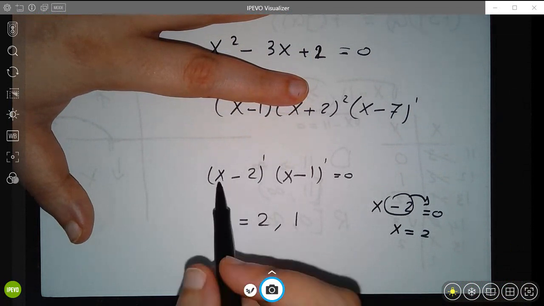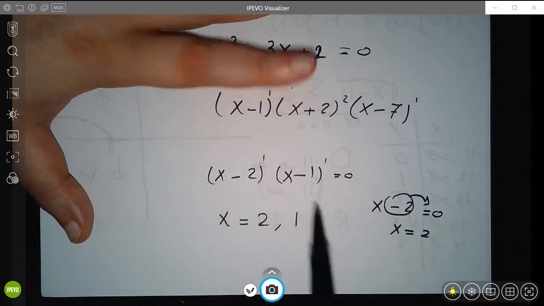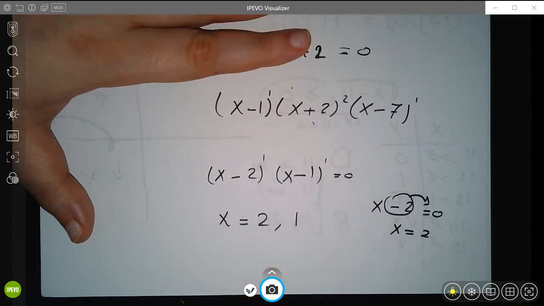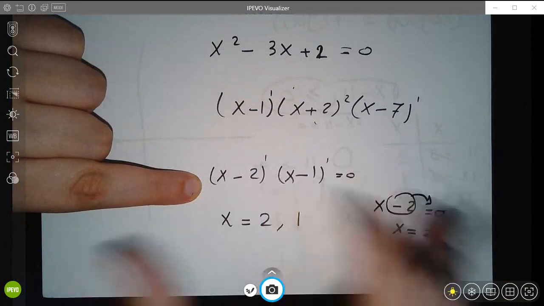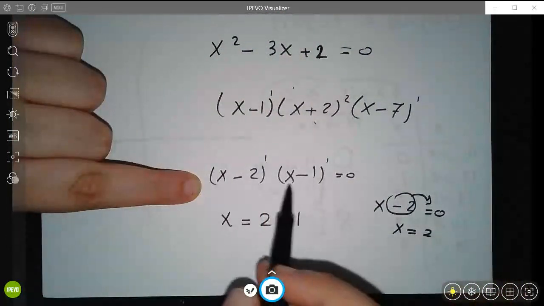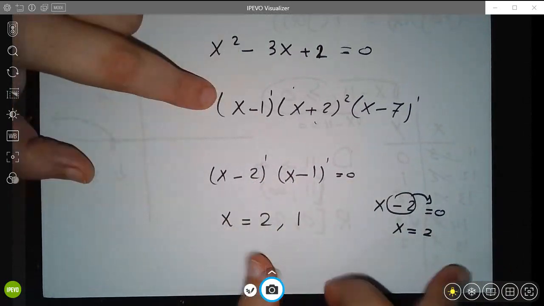Makes sense? So if it's x minus a number, it's going to be a positive result. If it's x plus a number, it's going to be a negative result. So if I give it to you in this form, I already kind of half answered the question for you. All you need to do is give me the numbers you see in here. Those are the answers.